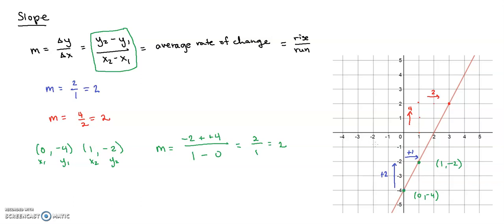Now most lines work this way. Let's look at a couple of special lines though. Let's look at a horizontal line and a vertical line.